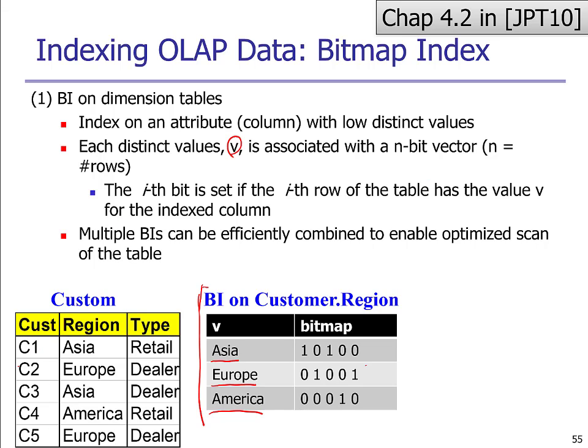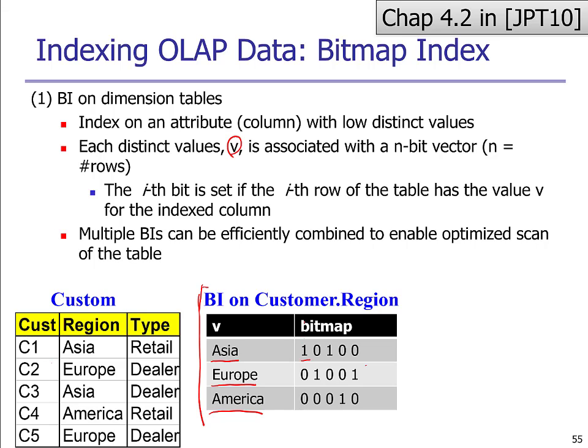Because here we have 5 customers, so it's a 5-bit vector. Apparently, this 1 or 0 indicates whether this customer belongs to this region or this value or not, right?